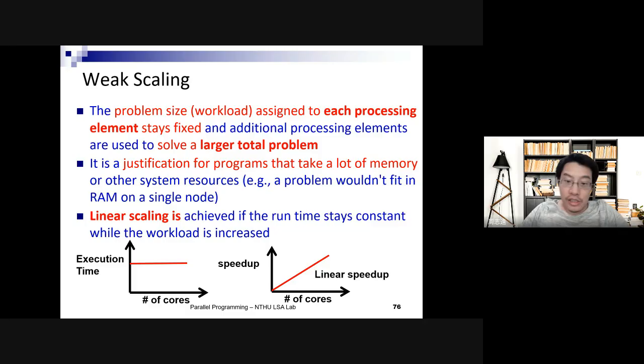Okay. All right. So this is what we call weak scaling, and it's weak because, in contrast to strong scaling, it fixes the amount of computation per core or per processor. That means when you have more processors and suffer from more communication and synchronization overhead, you can also spend more time on the computation, right? So they can balance each other. Not just the communication time increases, your computation time also increases.